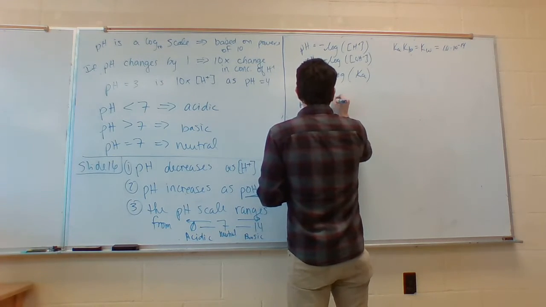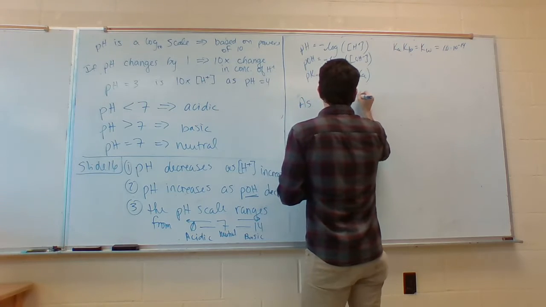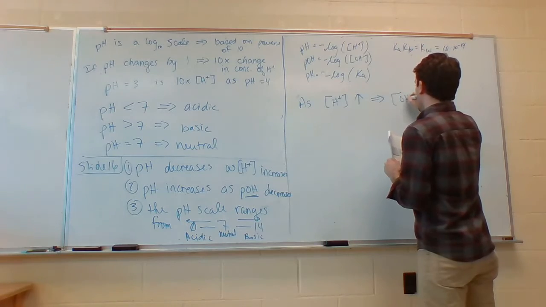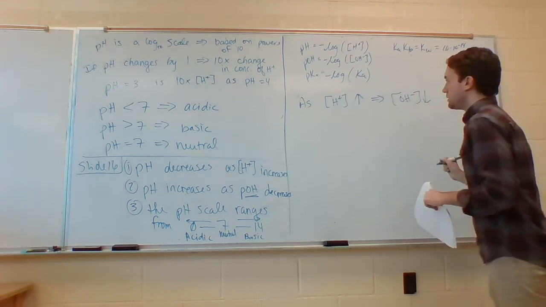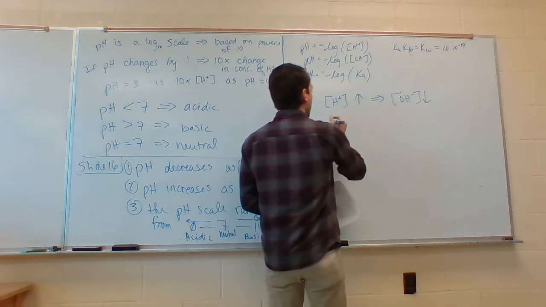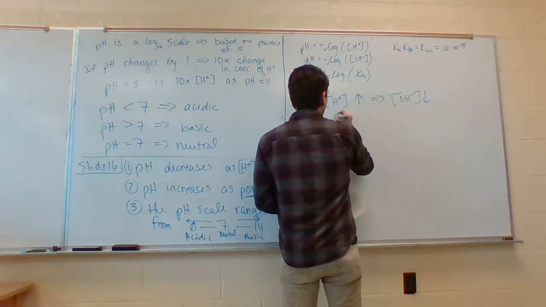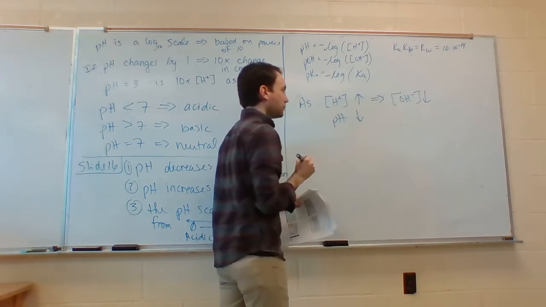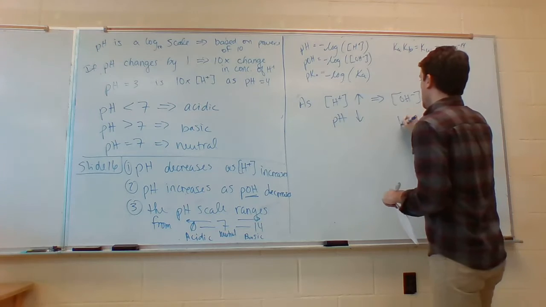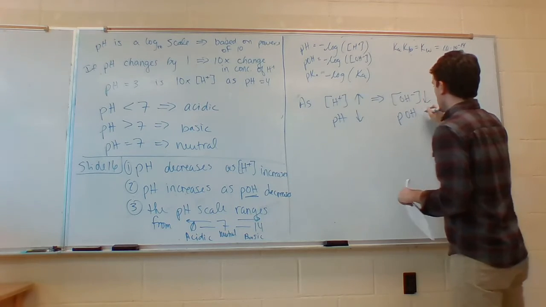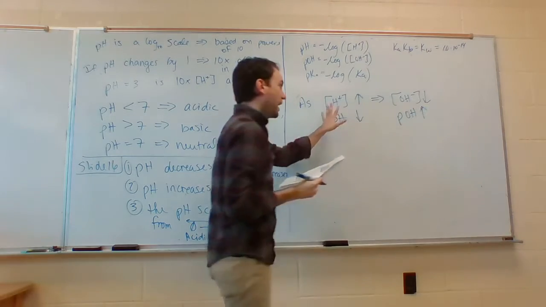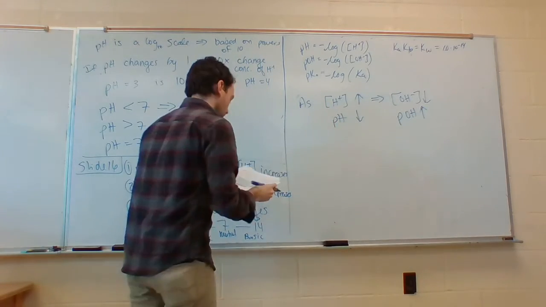As concentration in H+ increases, that means your concentration in OH minus decreases. So if your concentration in H+ goes up, then that means that your pH goes down. All right. And your pOH goes up. Okay. So keep that in mind as you go through.